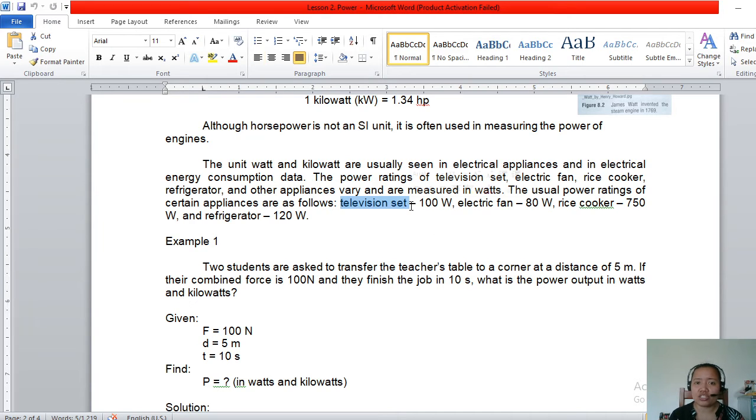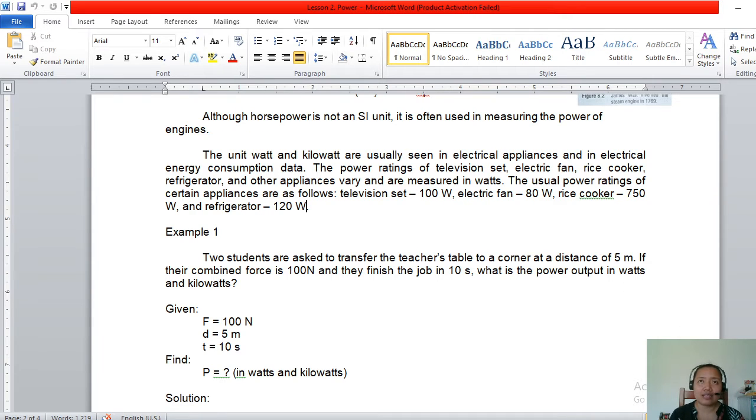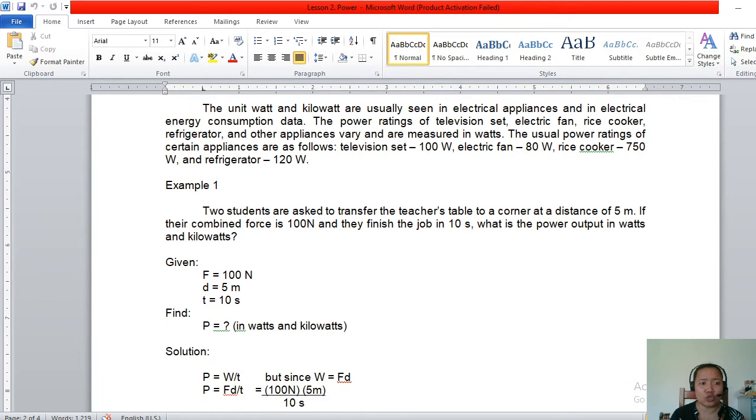A television set has 100 watts. An electric fan has about 80 watts. A rice cooker has 750 watts. And a refrigerator has 120 watts. Out of this, you will be able to compute your electric bill using these watts and the amount per a certain number of watts being used.